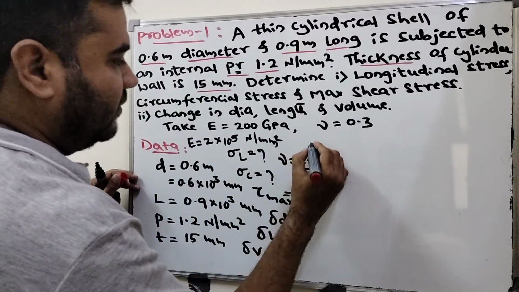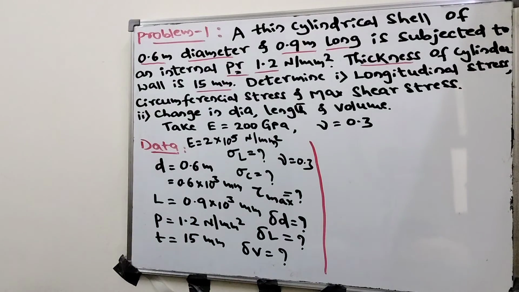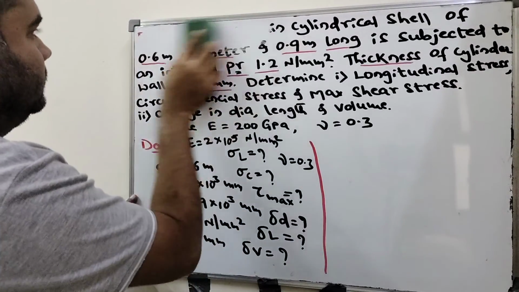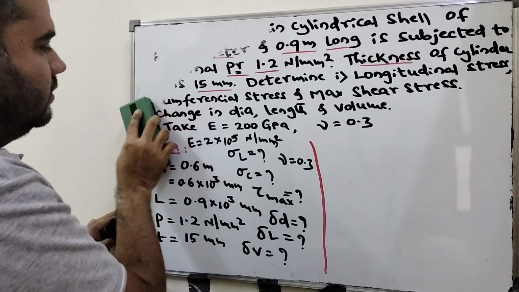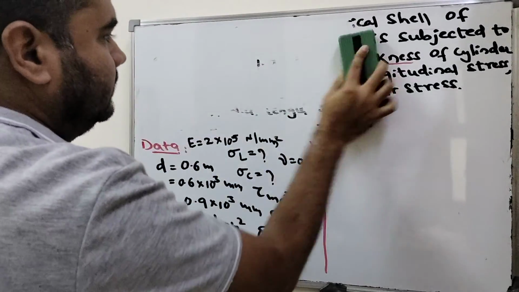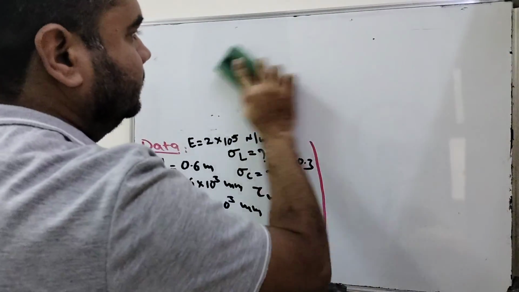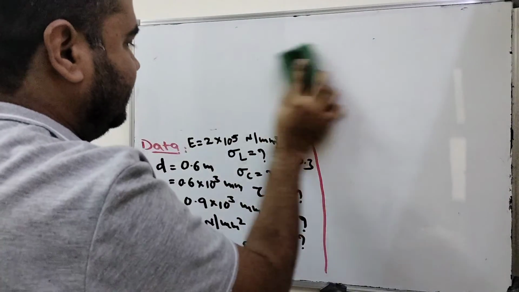Now we'll go one by one. What are the calculations? So we noted down the data here.